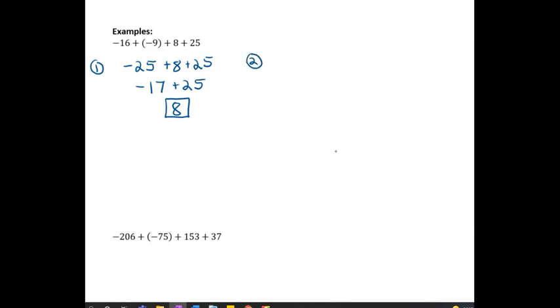The other way is to group your negatives together. So again, if I have negative 16 plus a negative 9 and 8 plus 25, I can think of these two numbers have the same sign, negative 16 and negative 9, and these two numbers have the same sign.